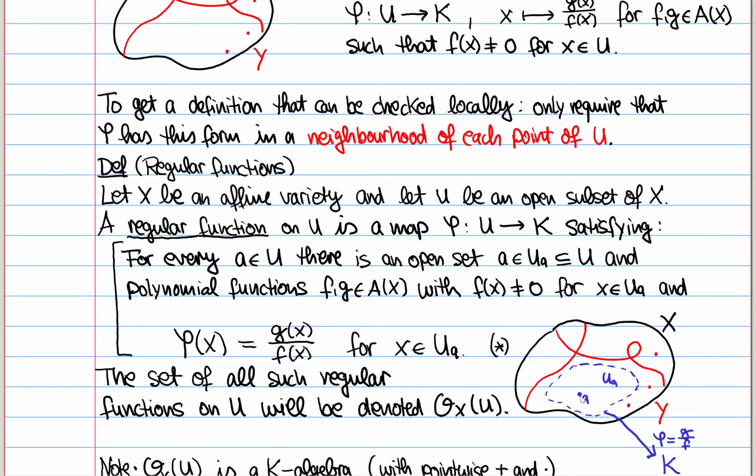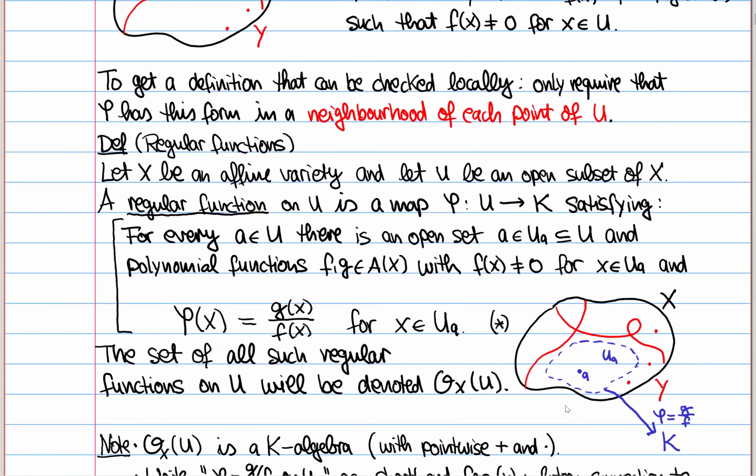So for every a in U, we can find an open subset U_a, which contains a and is contained in U. And then on this open subset, we find polynomial functions f and g, such that f is non-zero for all x in this U_a. And then the function phi should be given on this open set U_a as the quotient g of x divided by f of x.